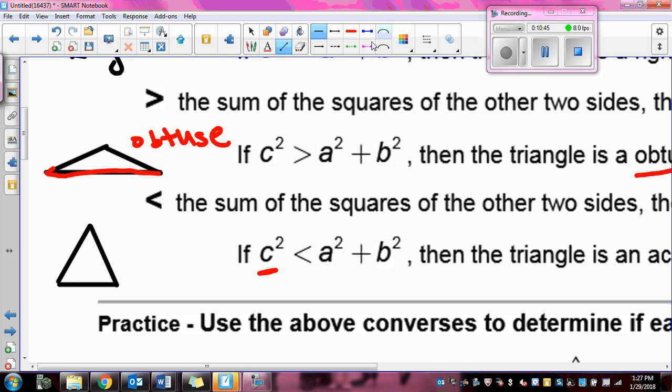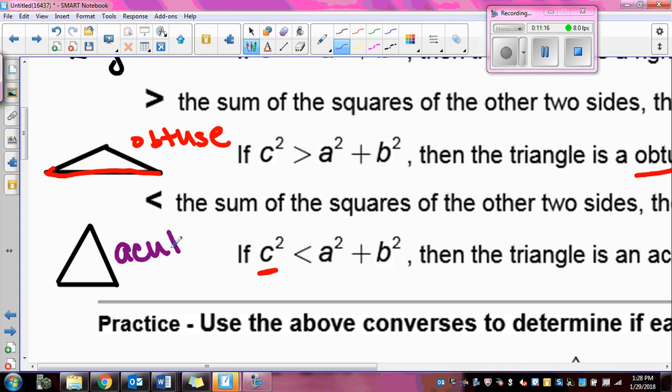And also, if you have an equilateral triangle, all the angles are 60 degrees, that is an acute triangle, because we don't have a 90-degree angle, but all of my angles are less than 90 degrees. All of them are less than. Remember, an obtuse means there is one that is greater than 90 degrees. We've gone over this before, just wanted to remind you, and now we can prove it. If our c squared is less than a squared plus b squared, then it is going to be an acute triangle. And this is an example of one.